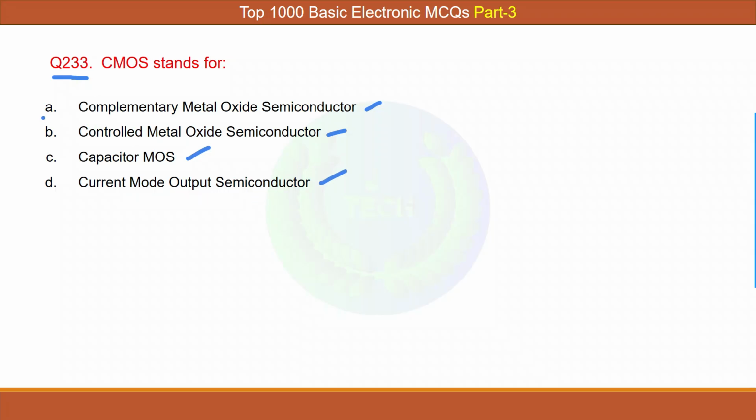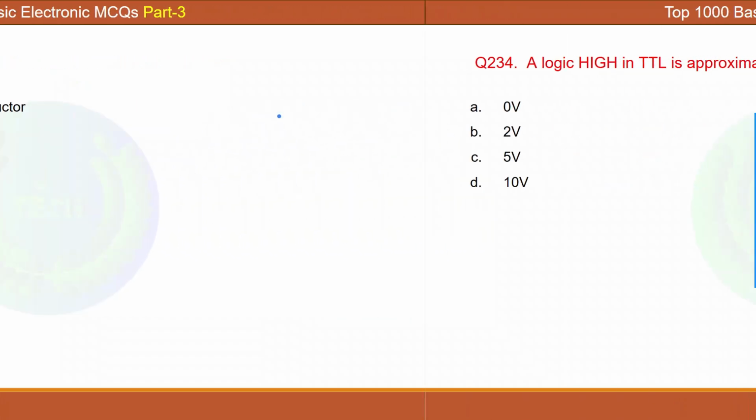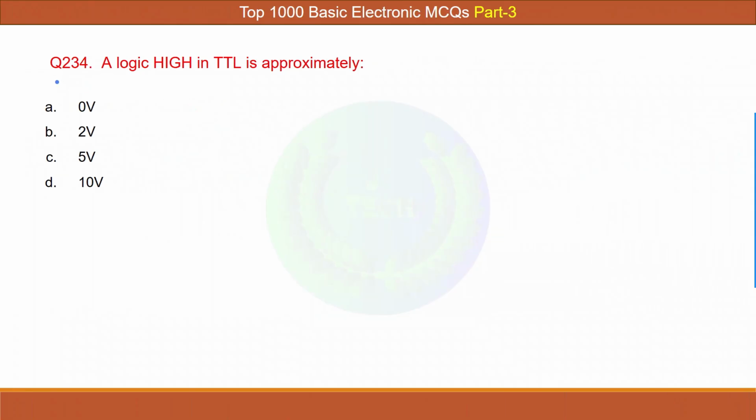The answer is option A complementary metal oxide semiconductor. Next question, question number 234. A logic high in TTL is approximately option A 0 volt, option B 2 volt, option C 5 volt, option D 10 volt. The answer is option C 5 volt.